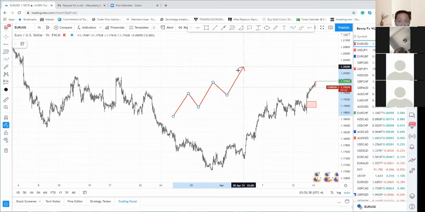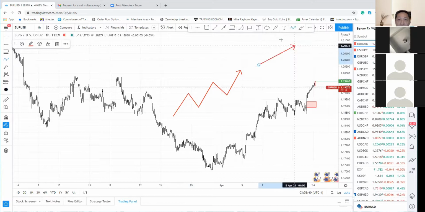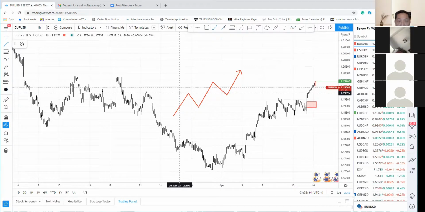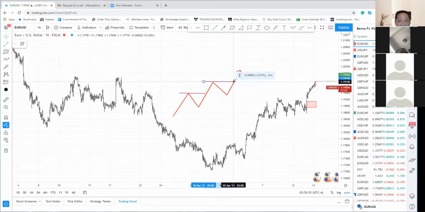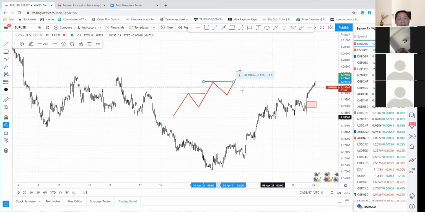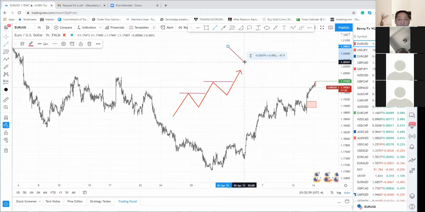Now, if the price breaks this high, it means the market wants to go higher. If the price breaks the next high, it means the market wants to go higher, right? But we are not going to chase buy somewhere here.